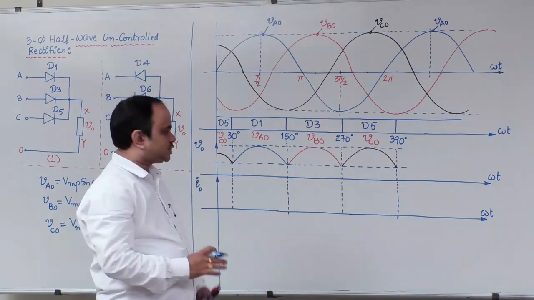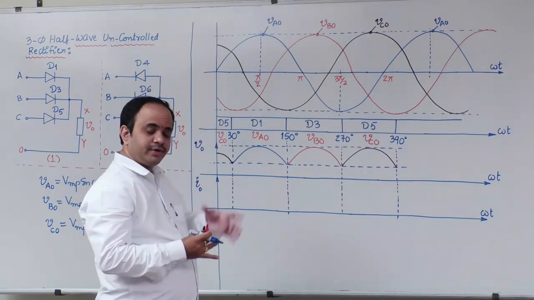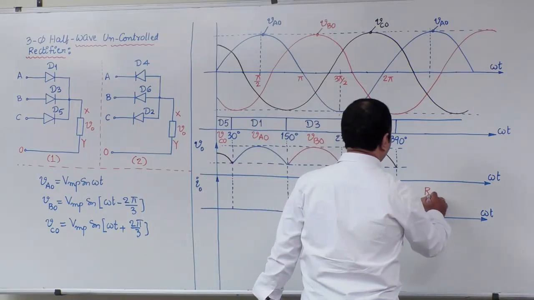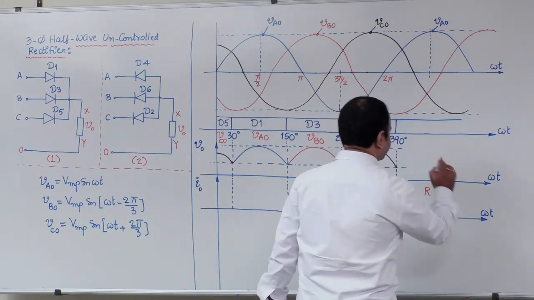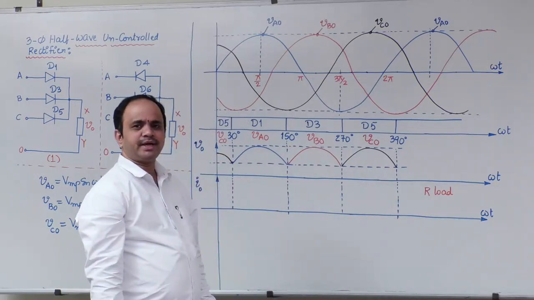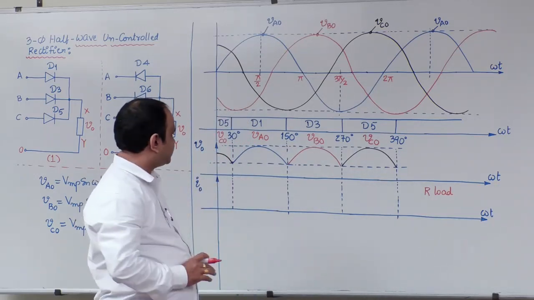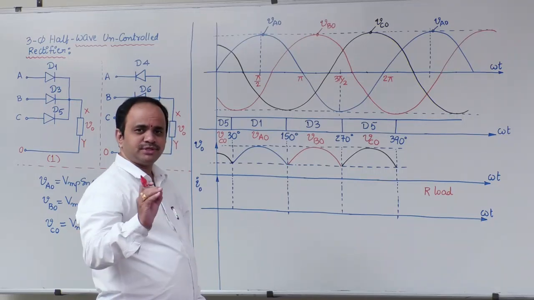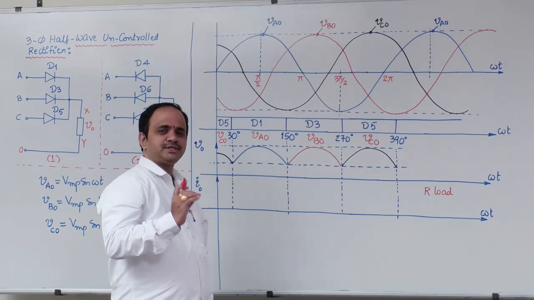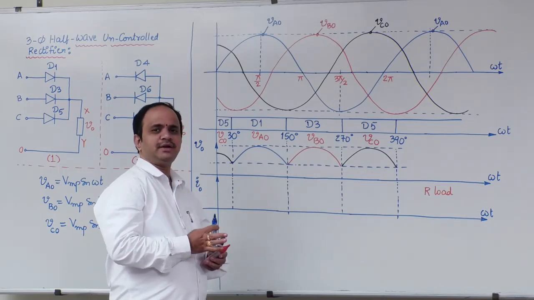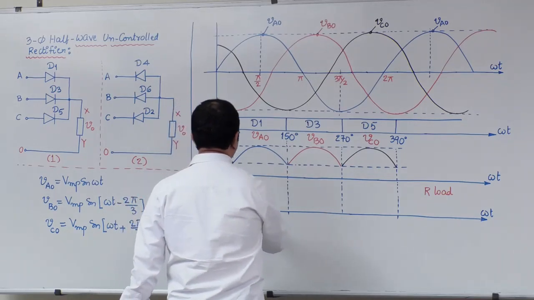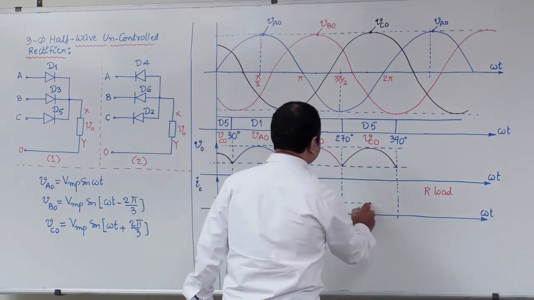Next, let us draw the output current waveform by considering the load as a resistor. We know from the single phase rectifier analysis that for a resistive load, the output current waveform is just similar to the output voltage waveform.